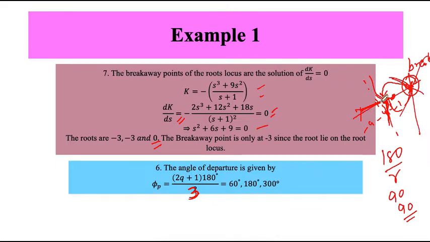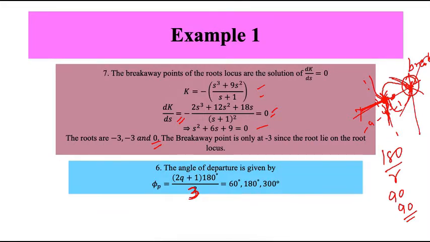They will arrive at -3 and go from there. This one moves to the right because this is a root locus. It will arrive at this point because of these two, and this is coming here at -3. So they will go at 180 degrees.